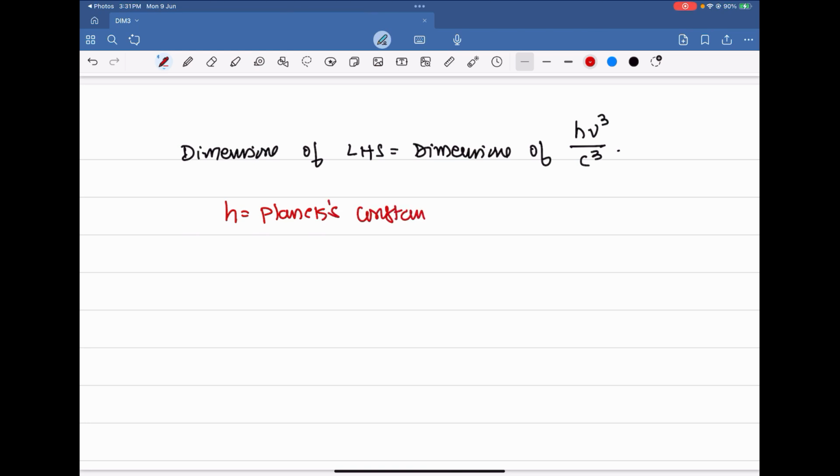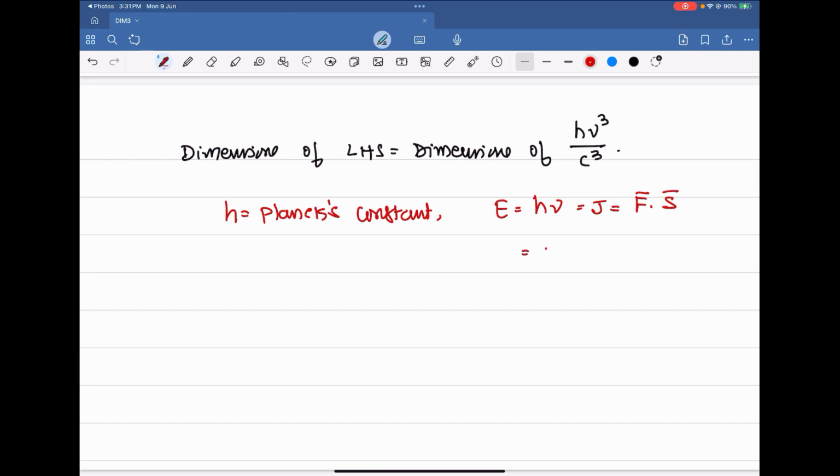Planck's constant is used in the famous energy equation, E is equal to h nu. Energy is joules. Joules is force into distance, F dot ds, or S you can write, because we are only doing the dimensional analysis.